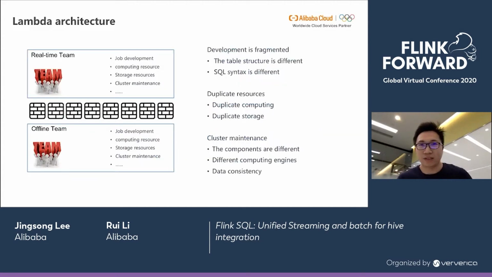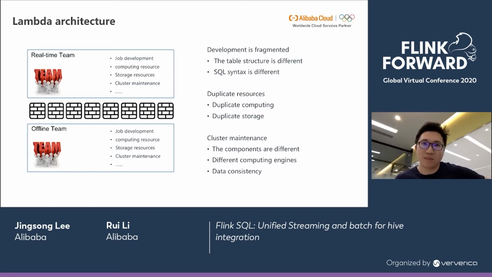The architecture seems to solve all problems, but it also brings a lot of problems. First of all, two solutions make the same data source produce different computation results. The table structure of different levels may be inconsistent, and when the data is inconsistent, it is necessary to conduct comparison and troubleshooting.